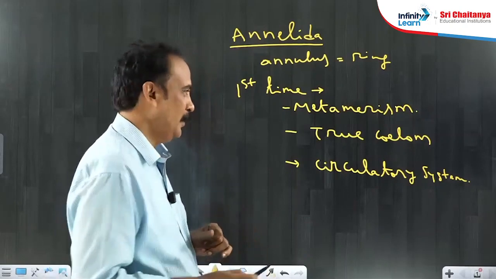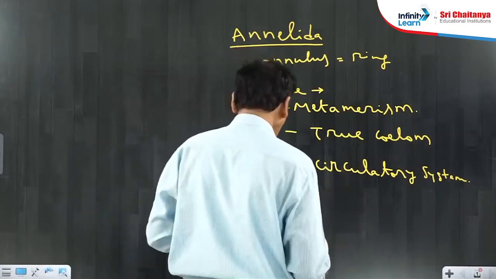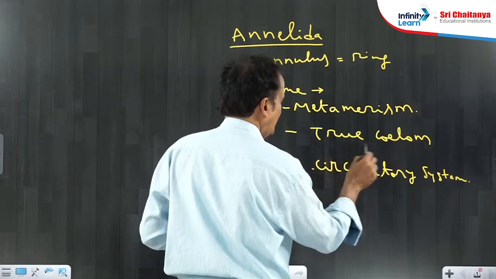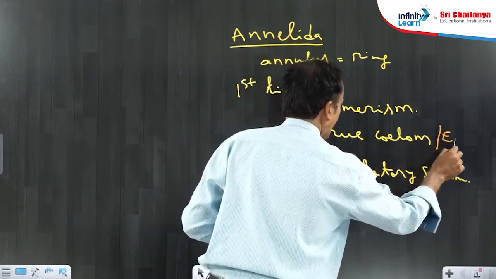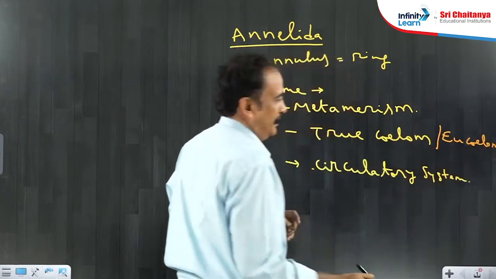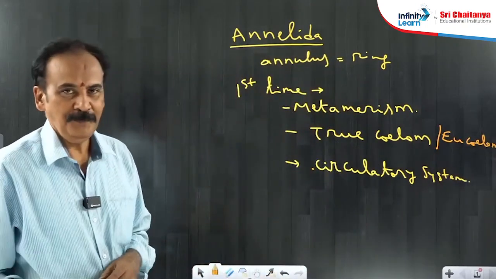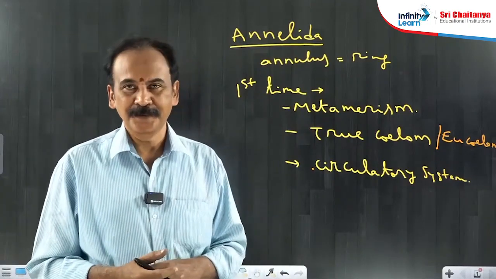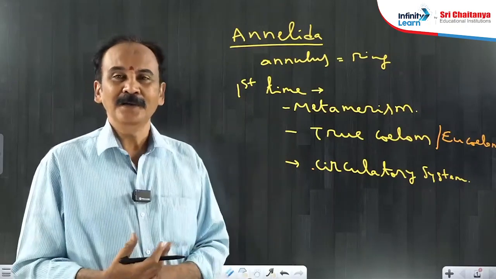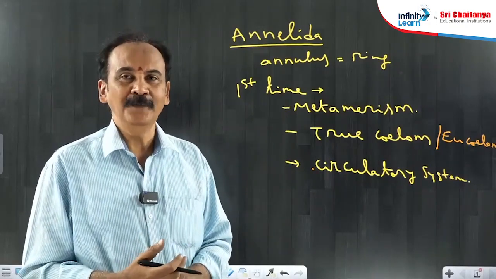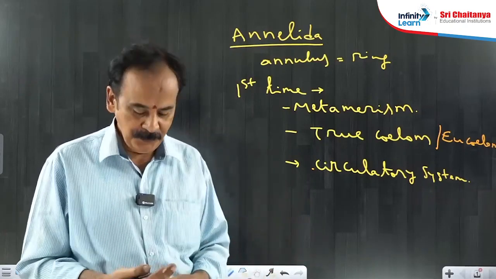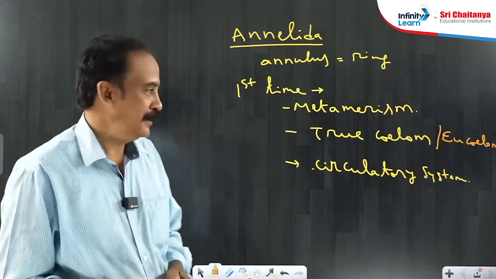Real coelom is also called eucoelom. So from Annelida onwards, you will find the real coelom appears. Before this, the phylum Aschelminthes has a false cavity called pseudocoelom, and Platyhelminthes is without a cavity.